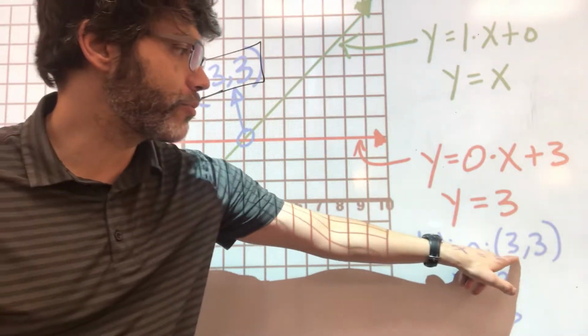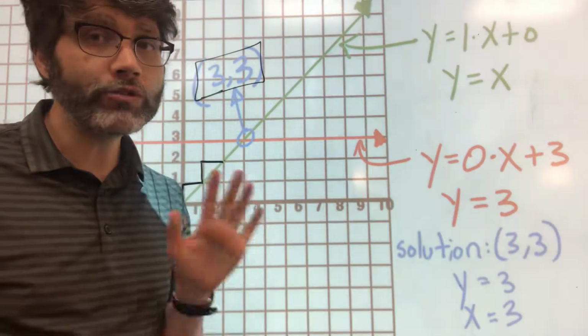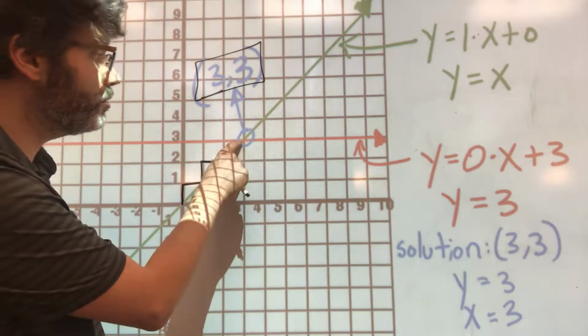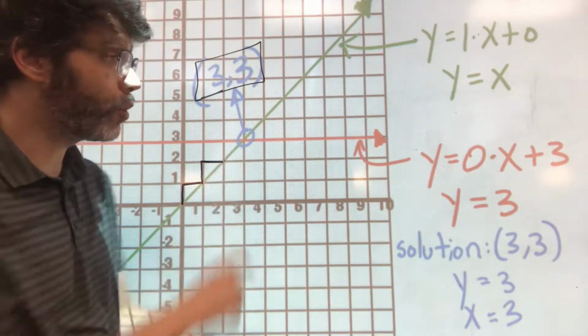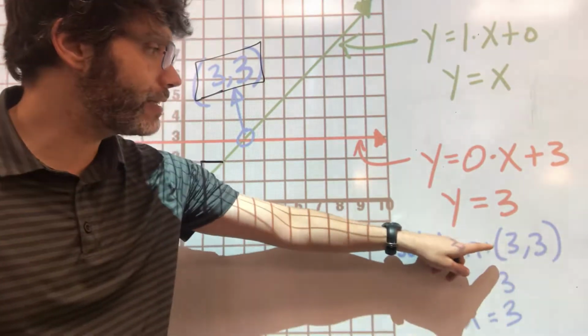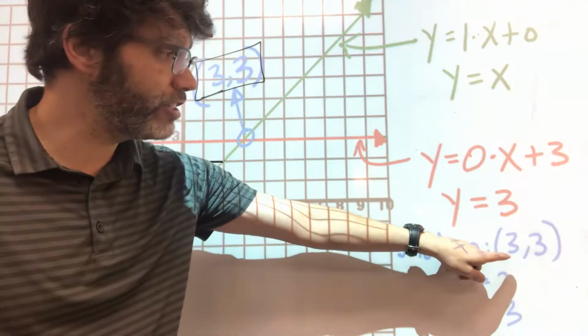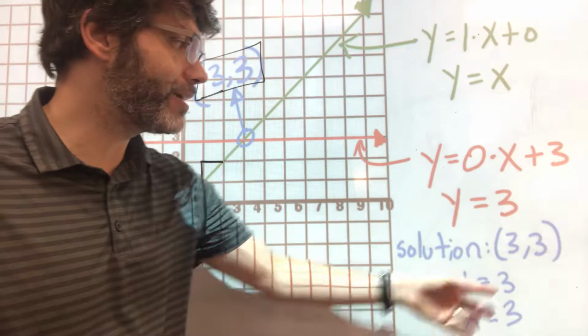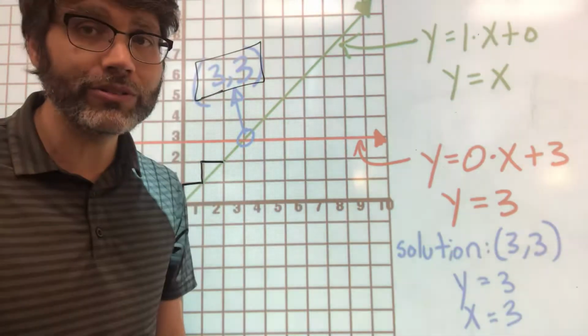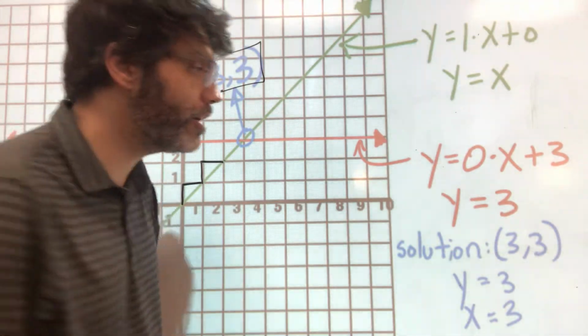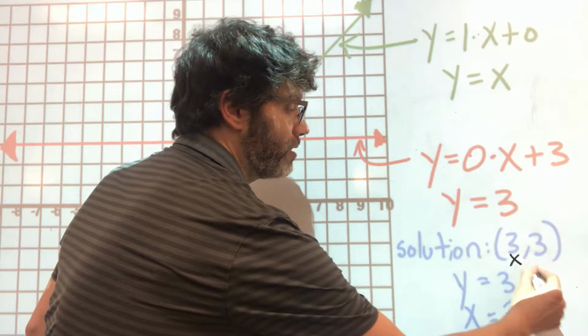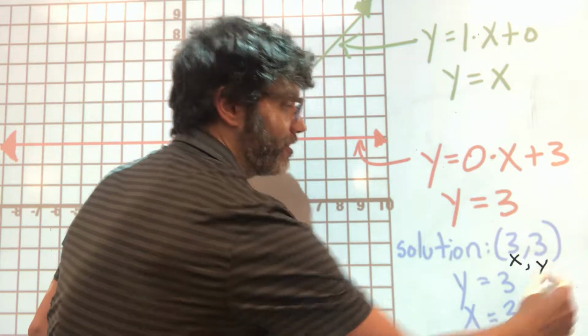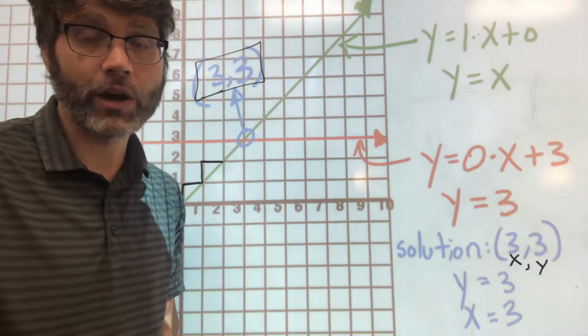Solution is (3, 3). Always remember that a solution, when you write it in coordinate form, you put the x value first and the y value second. In this case, it's kind of interesting because both the y and the x values are the same. But just so you know, the first 3 represents x and the second 3 represents y.